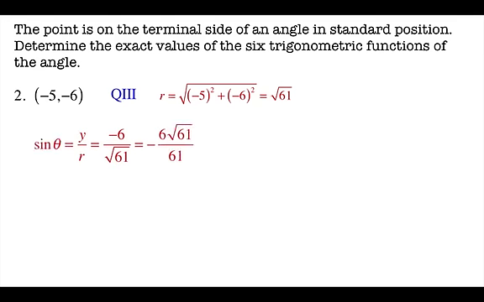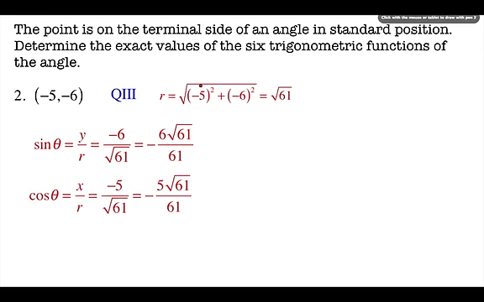That's how you get sine of this angle, cosine. And notice that we have to rationalize here. We have radical 61. You should be able to see why we get this. Cosine, same thing, rationalize. Tangent, you don't have to, but we get 6 over 5.